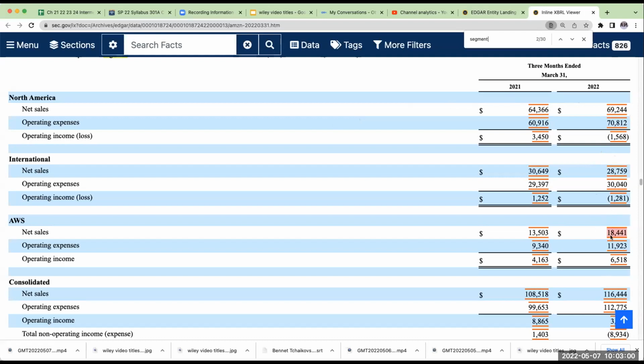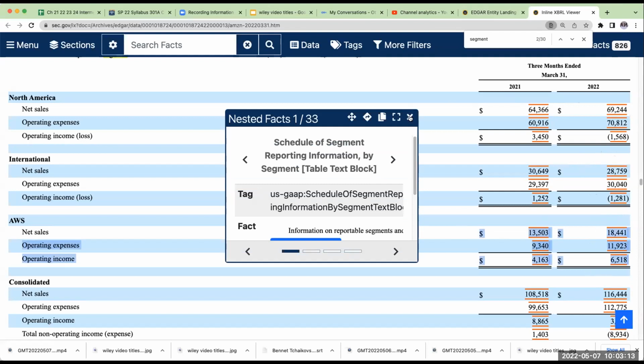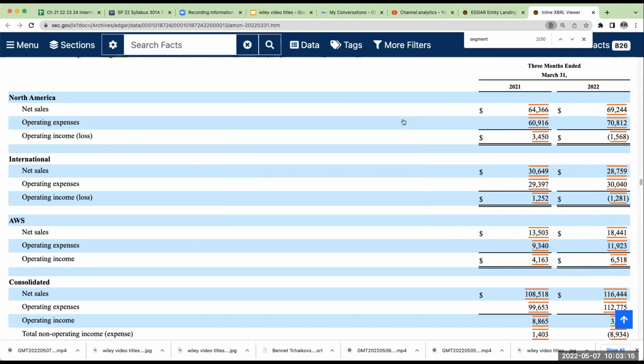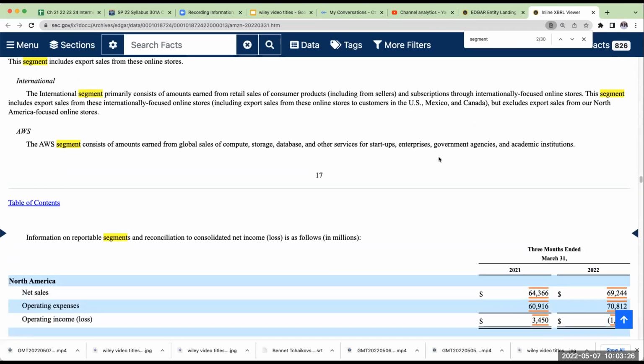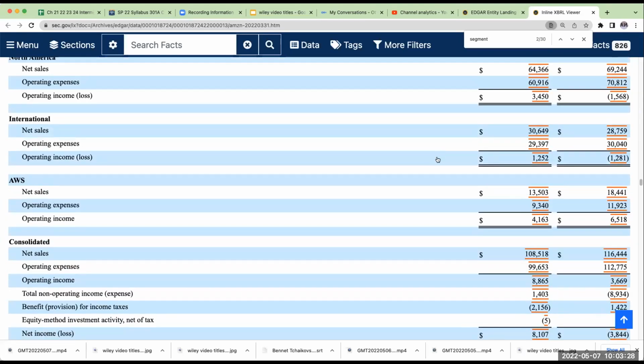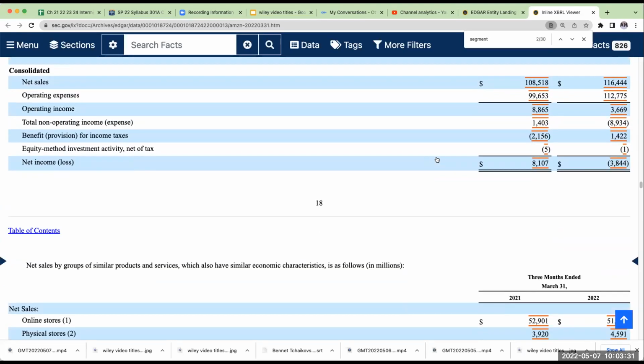Amazon Web Services is now a relatively newer phenomenon for Amazon relative to their normal operations, since Amazon has been around since '98. So you could possibly find that if there is a segment within North America that gets really big from a percentage standpoint, they may have to break out a separate segment.